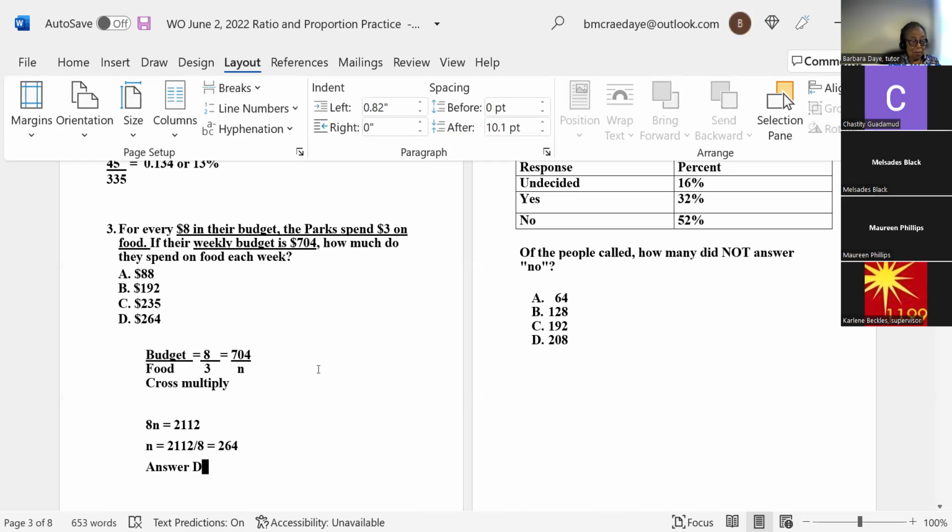Yeah, but that's the challenge of ratio proportion, setting up the problems correctly. That's why I said put the little tags of what each number represents in the ratio. Budget over food, that's your ratio. Then put the numbers in, and then you'll always have them right.